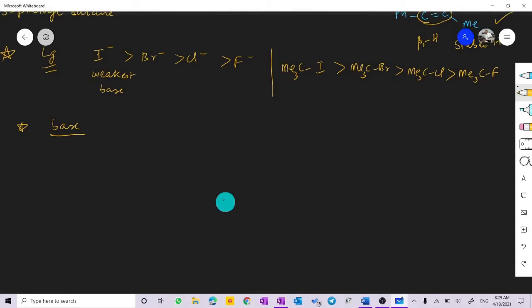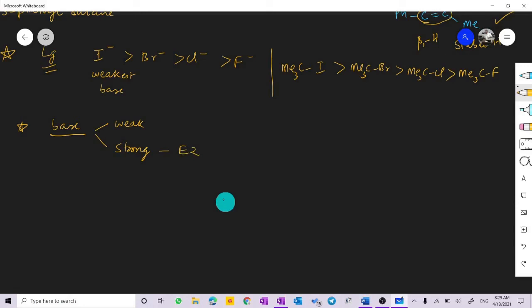So if you have a weak base and a strong base: when the base is strong, there will be a simultaneous abstraction of the H plus and the Br minus, which means the E2 mechanism will play.